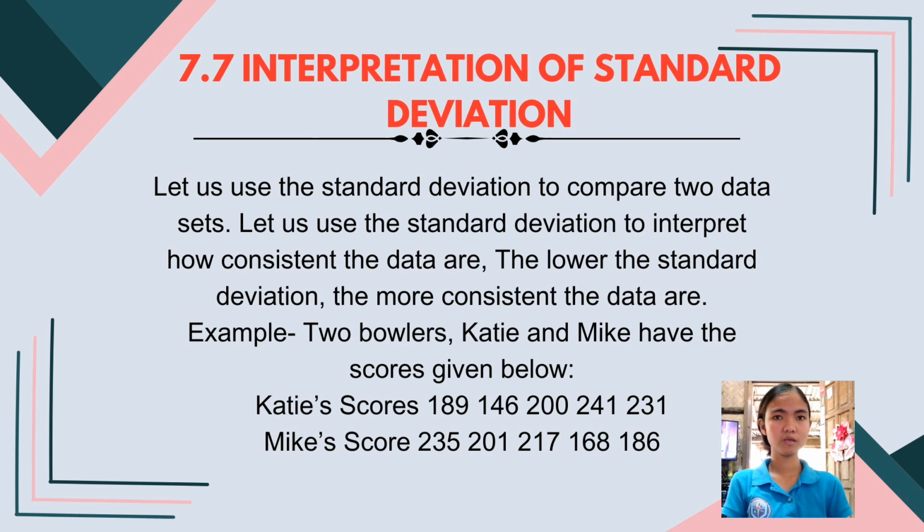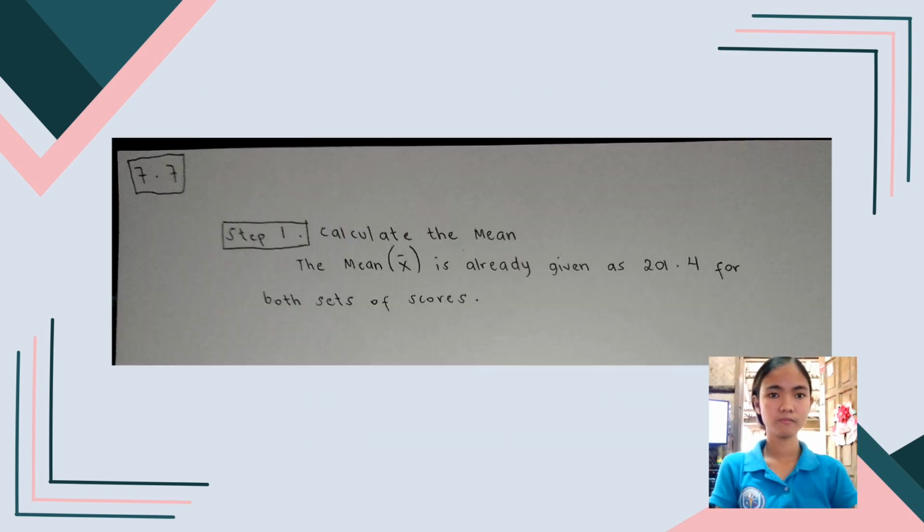So example, two bowlers, Katie and Mike, have the scores given below. So yung kay Katie's scores is 189, 146, 200, 241, 231. Yung kay Mike na score naman is 235, 201, 217, 168, and 186.